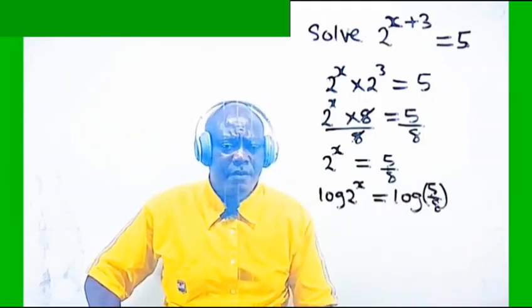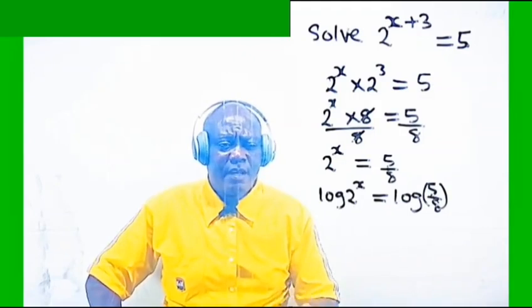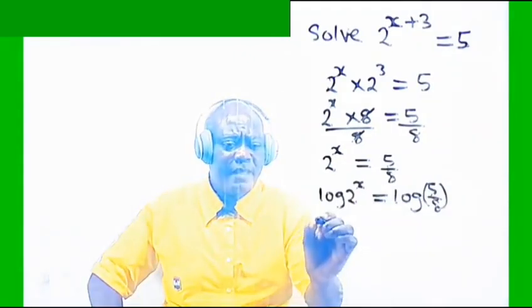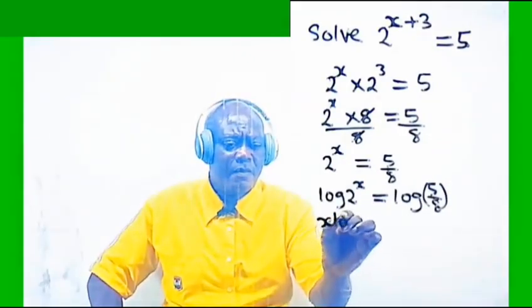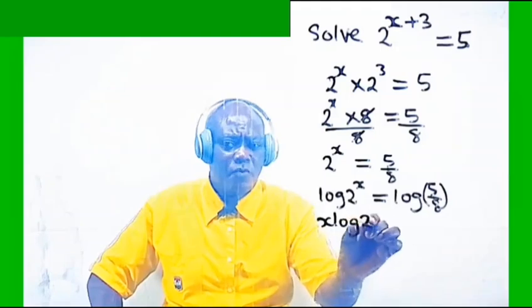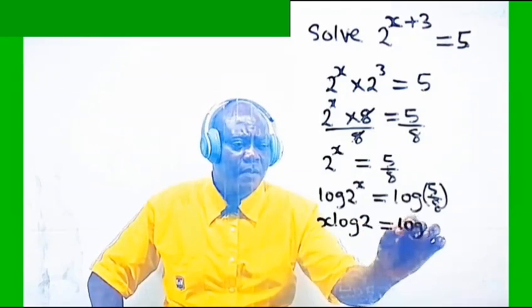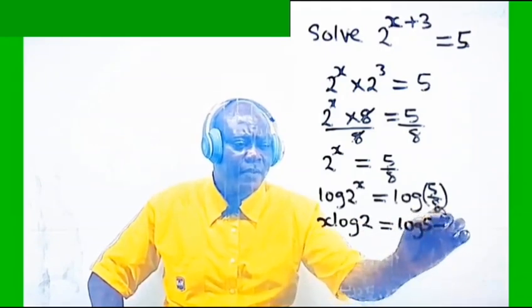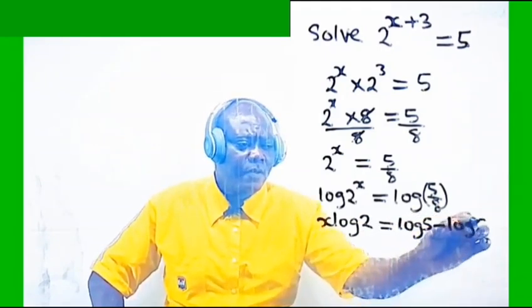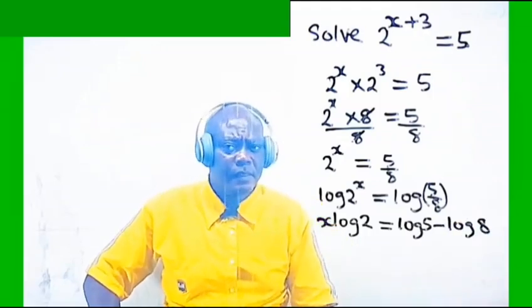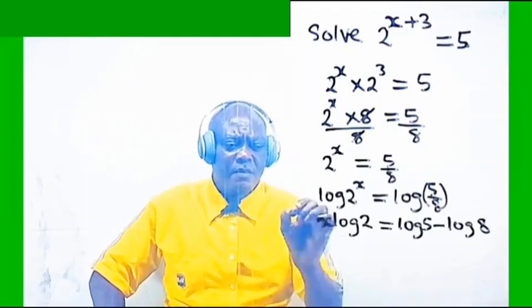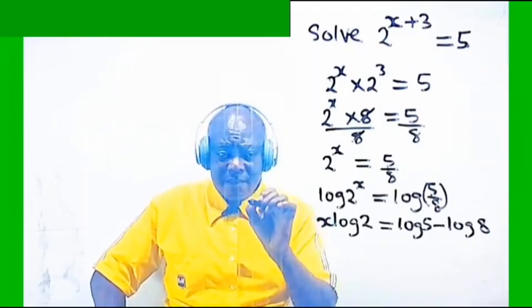Let us continue. By exploring the law of logarithm, this one will be x log 2, which will be equals to log 5 minus log 8. We continue. Remember, our aim is to find the value of x.